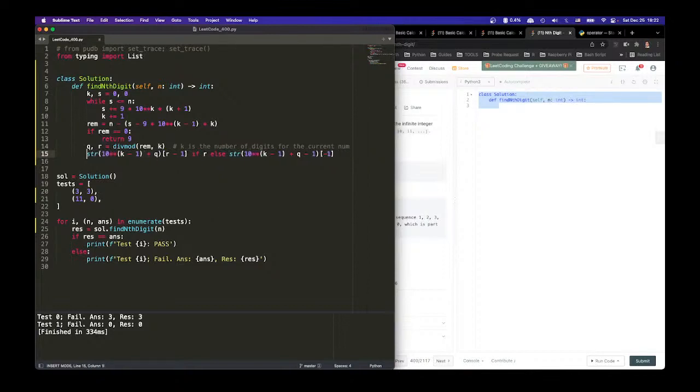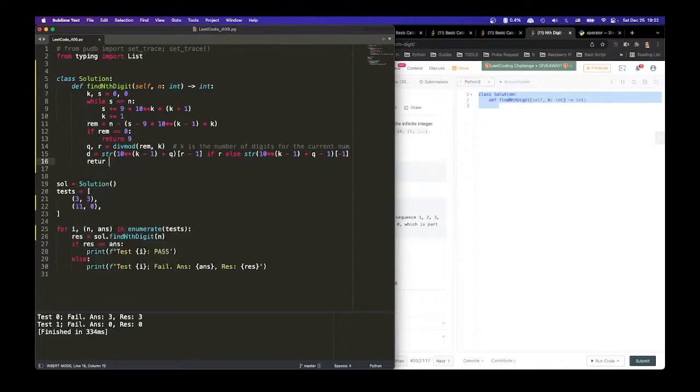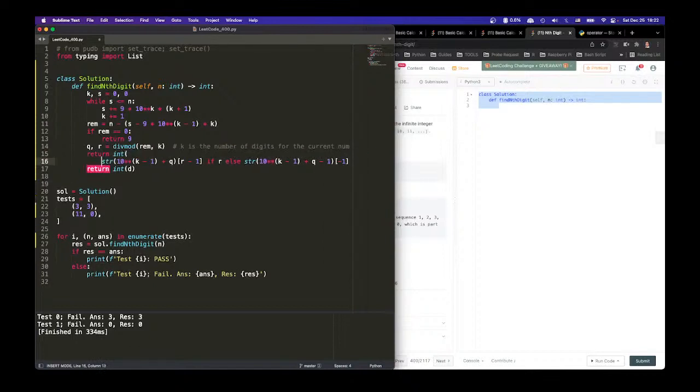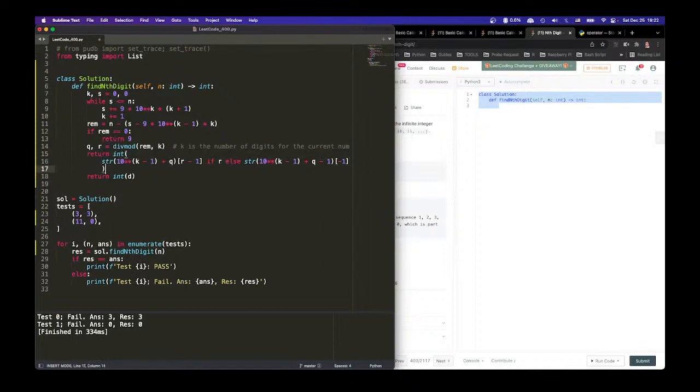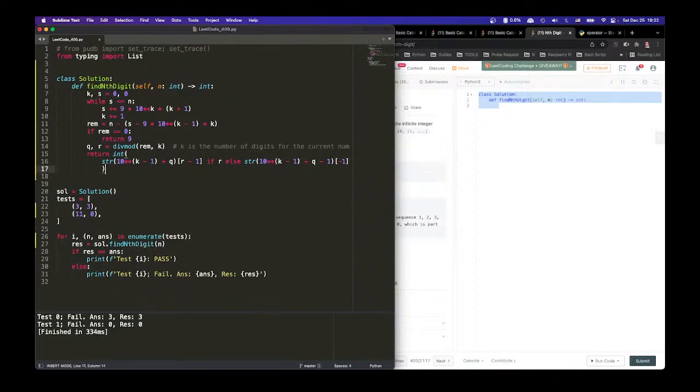All right, so d equals this, and return int d. Oh, I can just return this. It's fine. I can return int. Actually, I can even do this. All right, I'm gonna be cheeky.